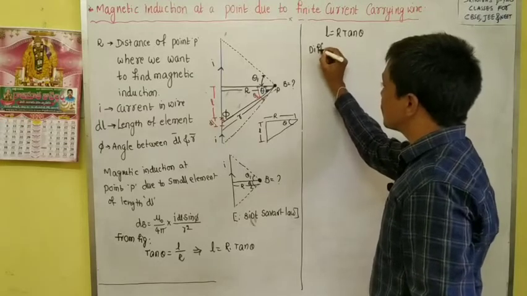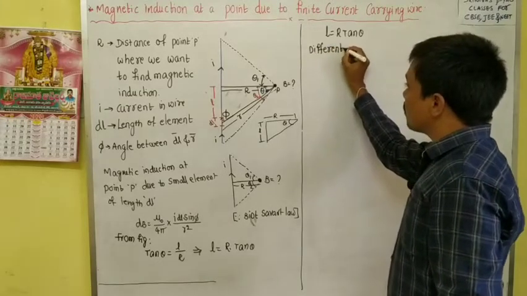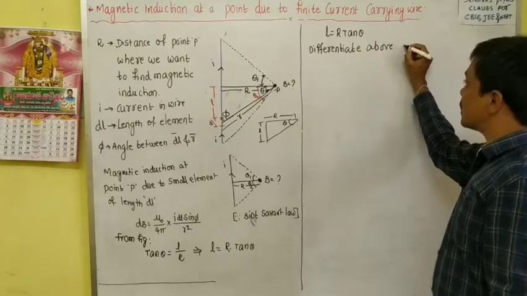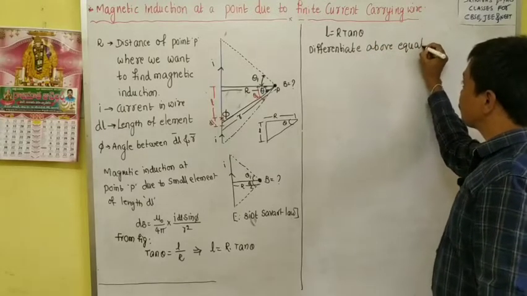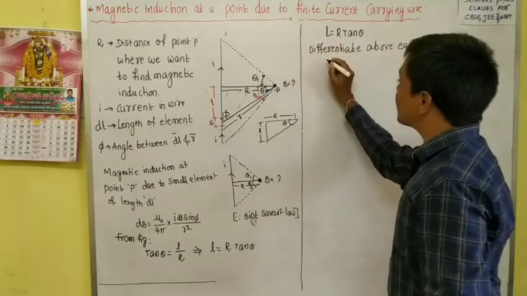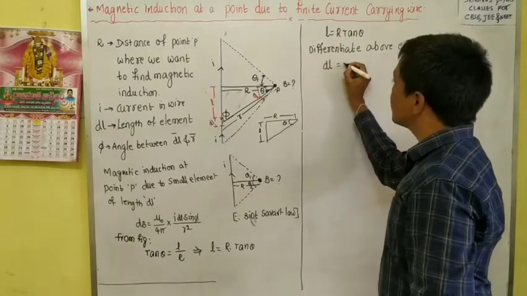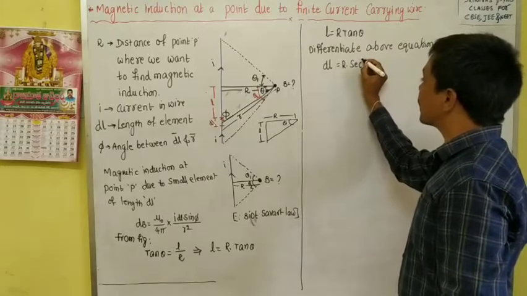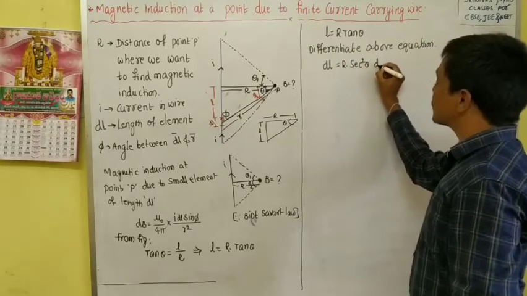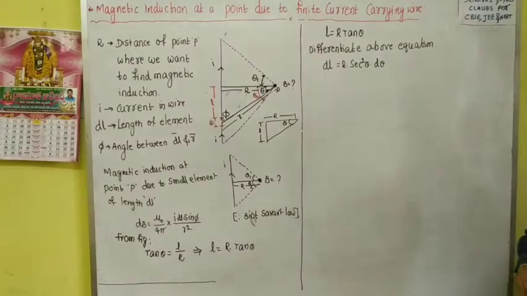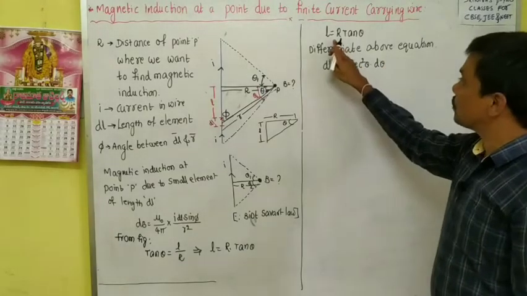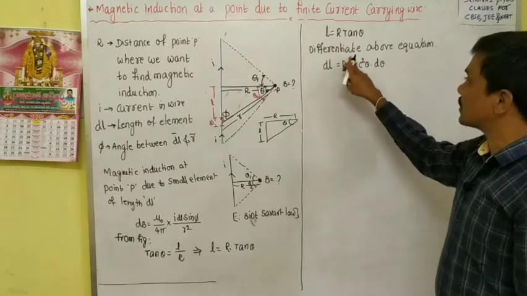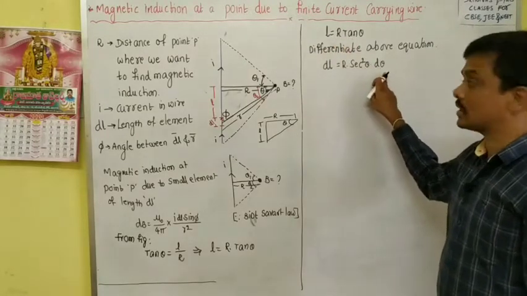Differentiating the above equation, dL is equal to R, which is a constant, times the derivative of tan theta, which is sec square theta d theta. This is the differentiation formula for dl, you have to remember it.